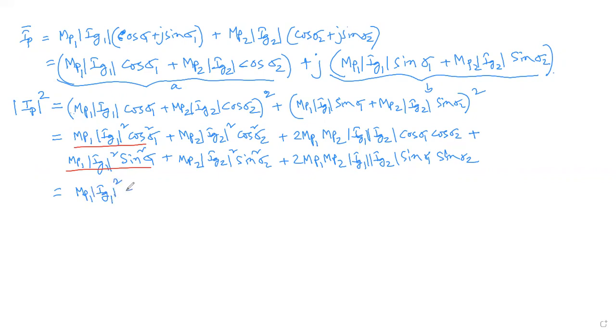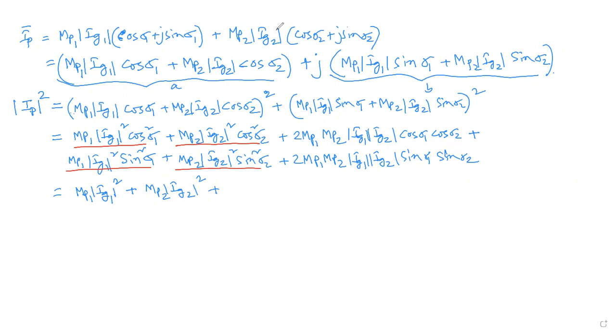Next, we have MP2 IG2 squared cosine squared sigma 2 and MP2 IG2 squared sine squared sigma 2. So this will become MP2 IG2 absolute squared.